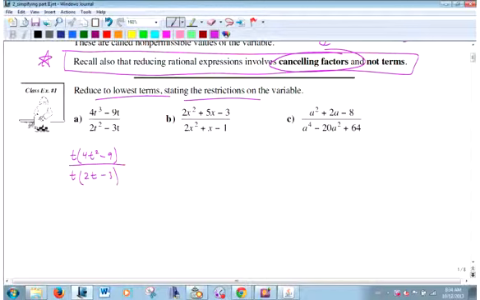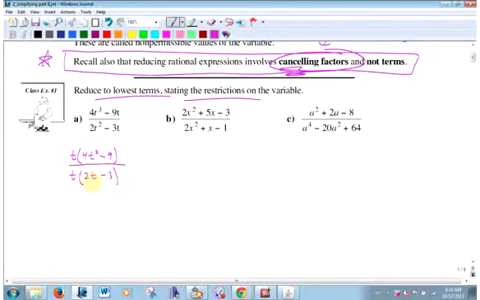I said this a couple times to a few of you yesterday. All these questions are carefully crafted so that you can do something to it. You're always going to have something to cancel. We're not going to give you something where that's it, you're done. It's kind of common sense. We're going to give you something to factor, and it's going to cancel down.